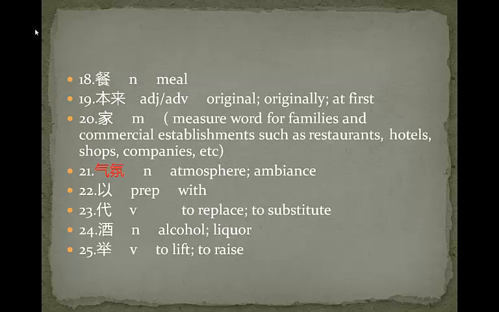第18个餐. Alright, so this character is a little complicated. You can divide this up into upper and lower parts. So the left of the upper part by itself is also a character called 歺 that means meal.